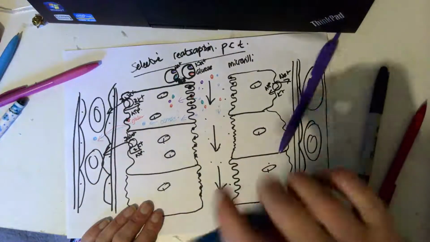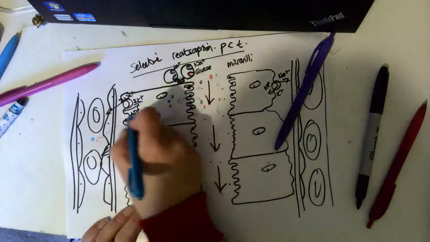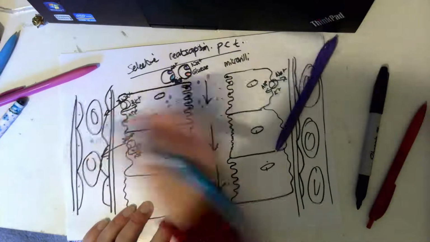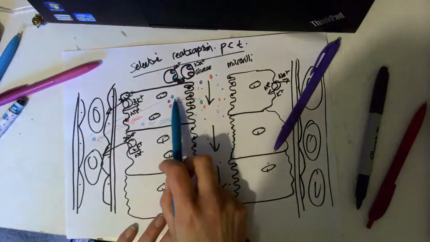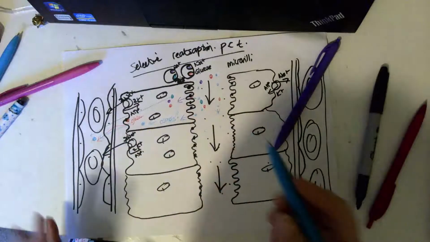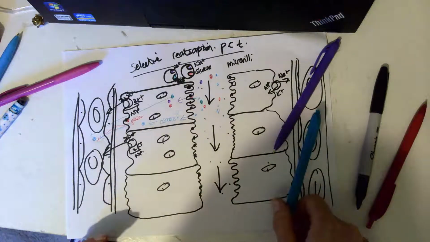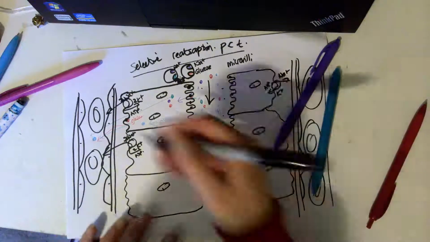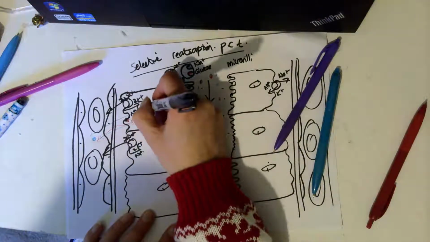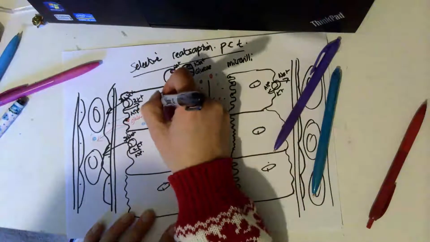The same for the amino acids. The amino acids will also diffuse into the bloodstream, and because they're going to have to go through a carrier protein, both of those molecules will be going by facilitated diffusion.